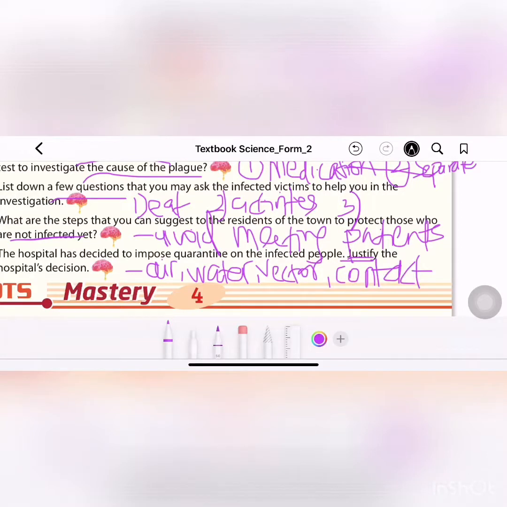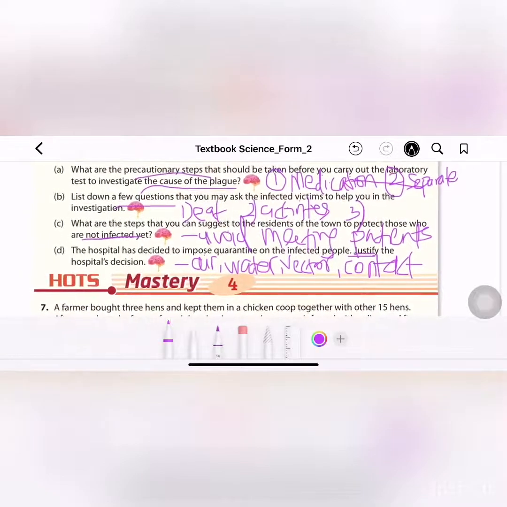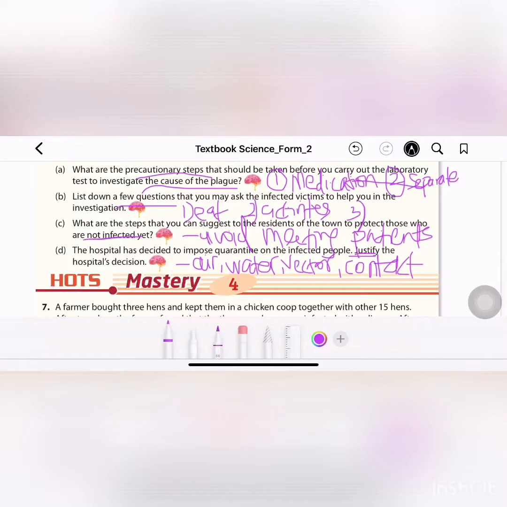Okay, because of this four method, diseases can be spread, so the hospital have to impose quarantine on the affected people. So yeah, you can write quarantine the patient is a wise step to prevent the public from meeting the patient. This is because transmission of bacteria or virus, or you can say pathogen, can occur through air, water, vector, and also through contact.